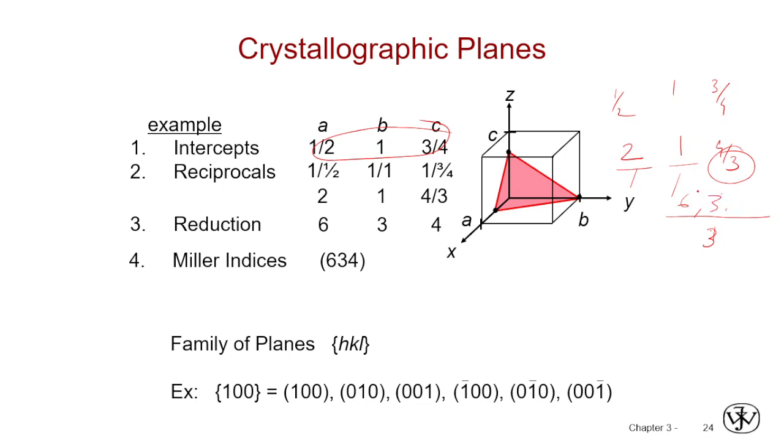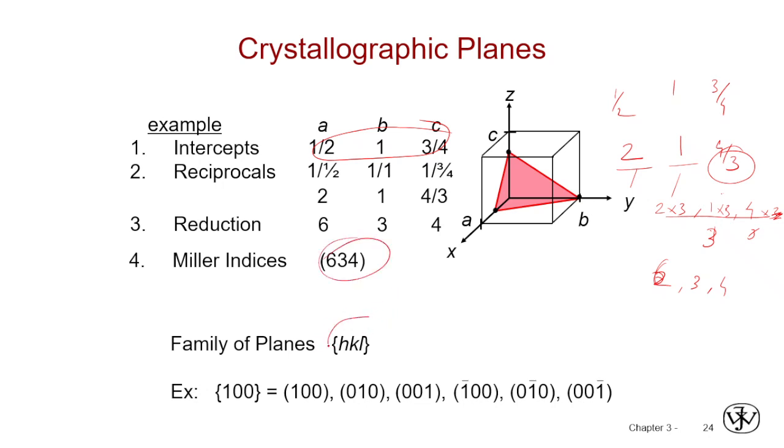So 2 into 3, then 1 into 3, and 4. That's it, because there's already a 3 down here, so these two get cancelled, and then you get 2 3s are 6, 3, and 4. So this is how we get our Miller indices.